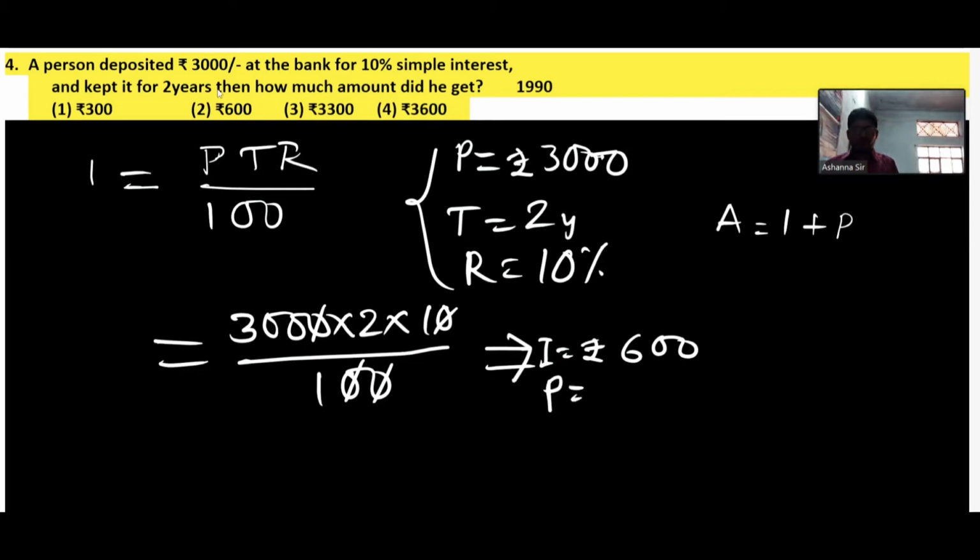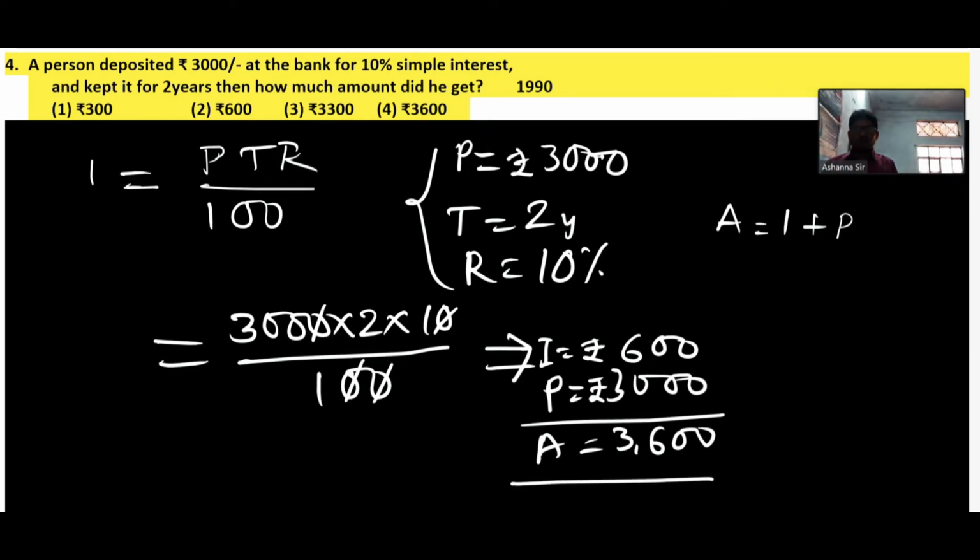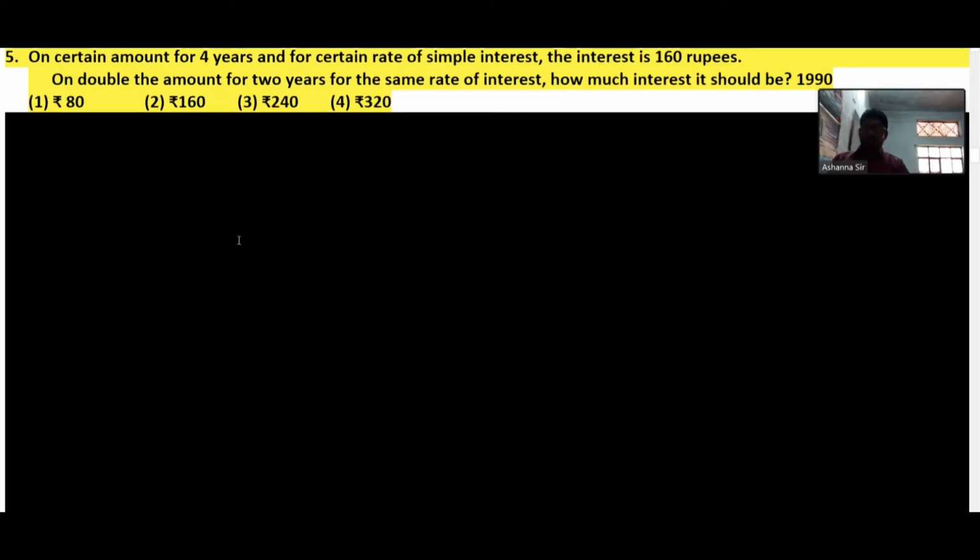We have to add this to the principal 3,000. So the amount is 3,600 rupees. So he will get 3,600 rupees after 2 years. 3,600, option 4.